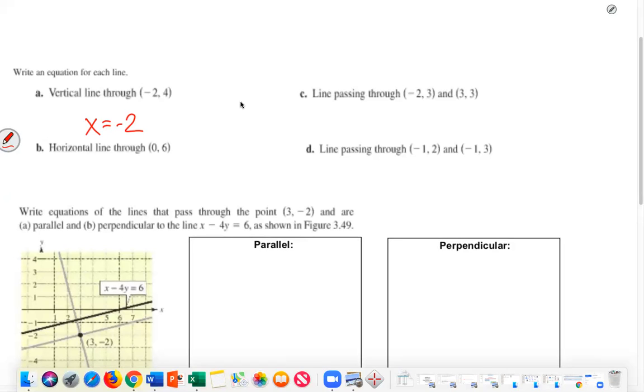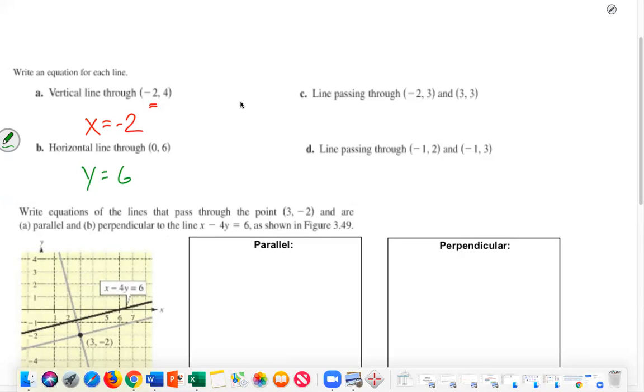It's all about the x value. Horizontal line is what? It would be 6, right? Yeah, y equals 6.